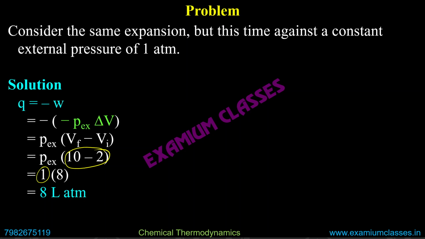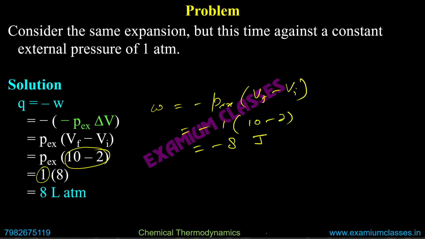So W will obviously be here in this case minus 8, because W will be minus P external times V final minus V initial. So it will be minus 1 times 10 minus 2, that is minus 8 atm liter or liter atm. And it is negative.